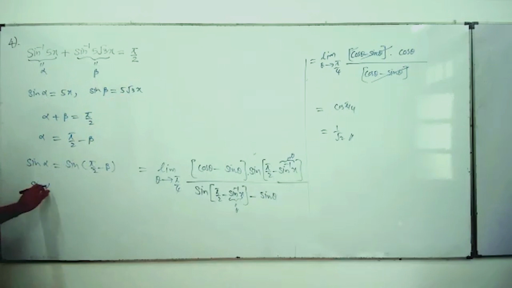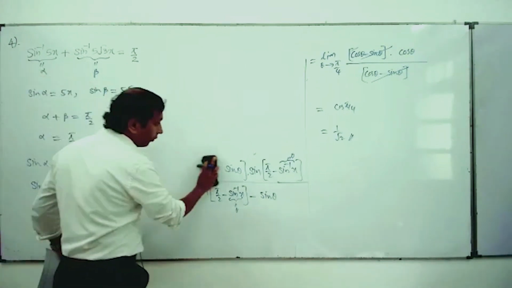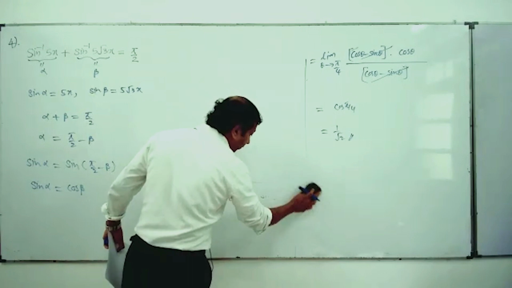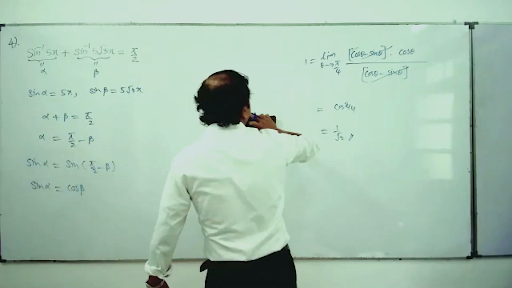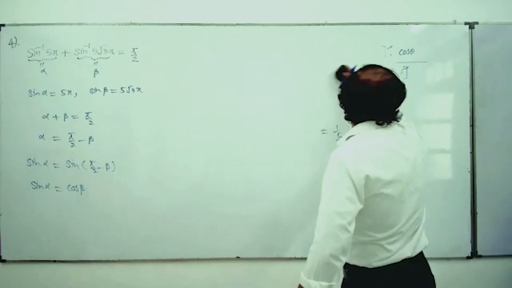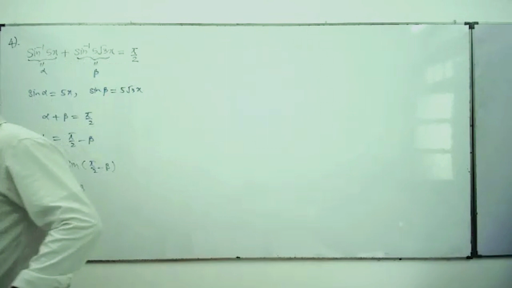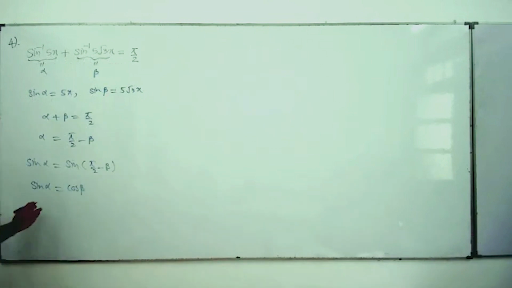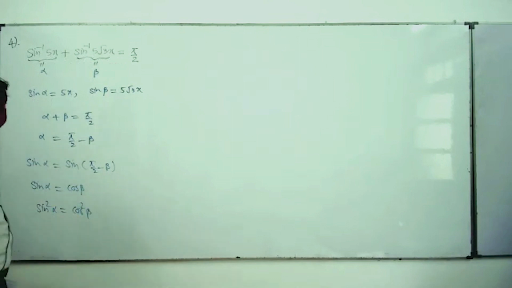Sin alpha equals cos beta. Now square both sides.